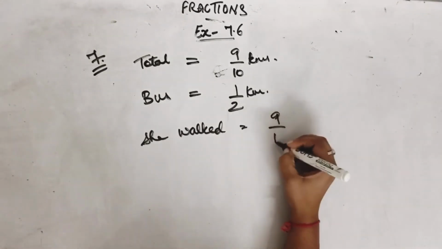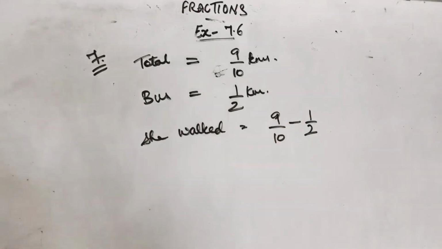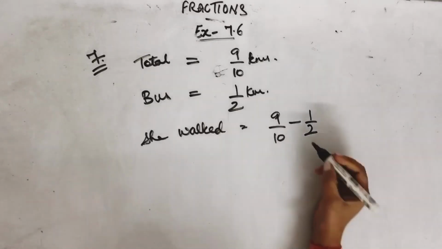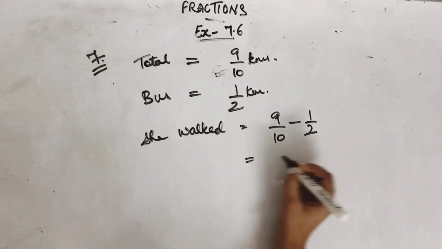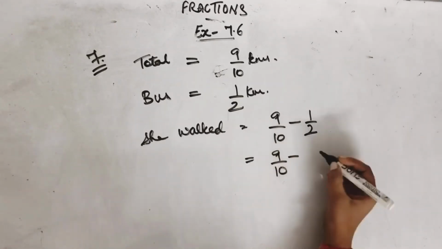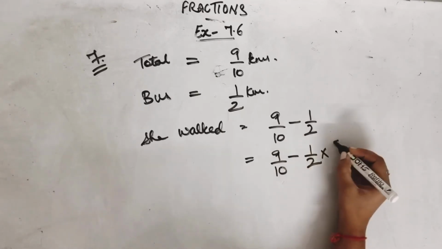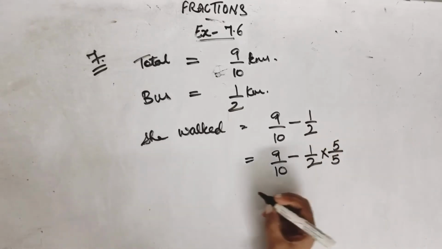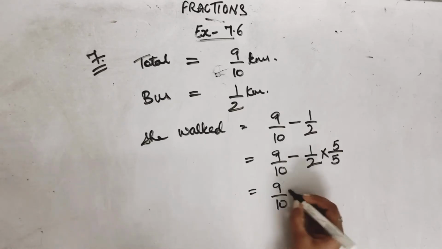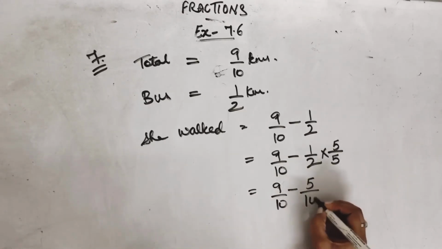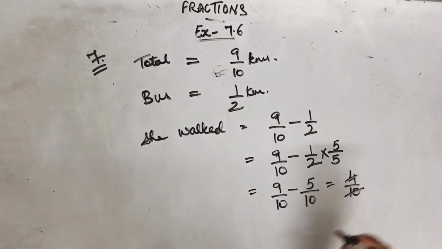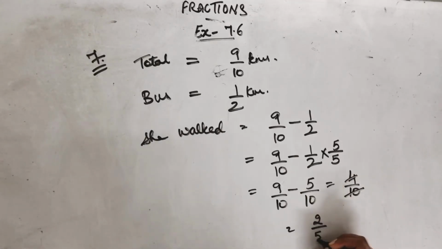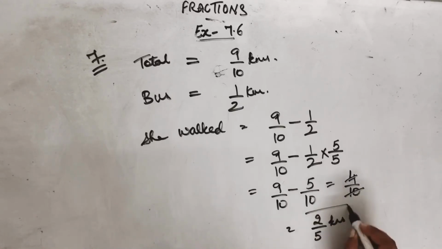So 9 by 10 minus 1 by 2. Again you have to convert them into like fractions. LCM of 2 and 10 is 10. So it will be 9 by 10 minus 1 by 2 into 5 by 5. 9 by 10 minus 5 upon 10, 4 by 10. You can further simplify. It will be 2 upon 5 kilometers.